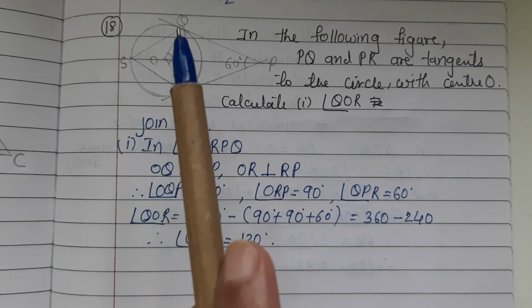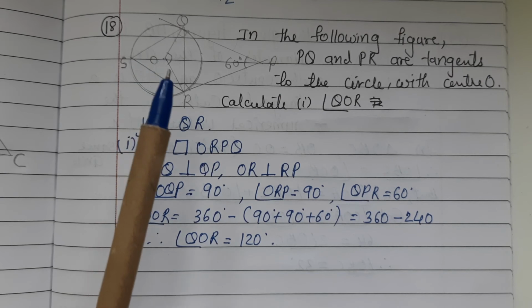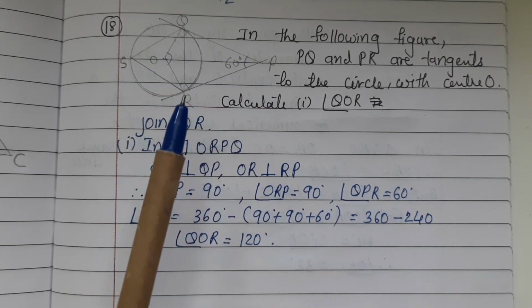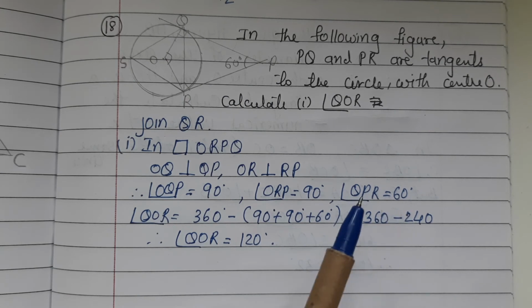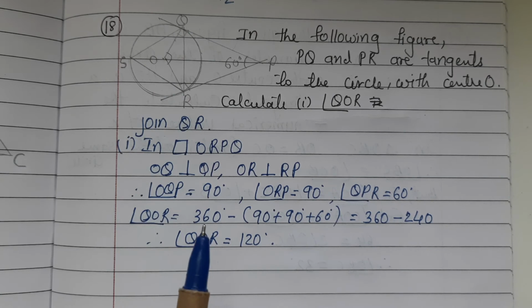Therefore, angle OQP is equal to 90 degrees. Angle ORP equal to 90 degrees. Angle QPR equal to 60 degrees. Therefore, angle QOR is equal to 360 minus (90 plus 90 plus 60), which is 360 minus 240. Angle QOR equal to 120 degrees.